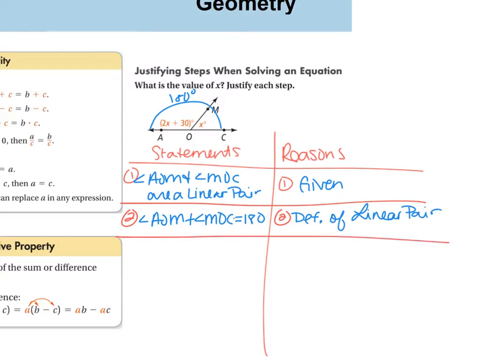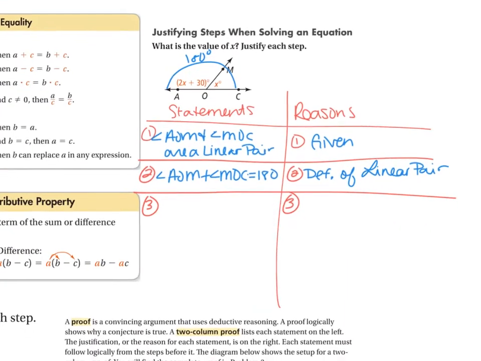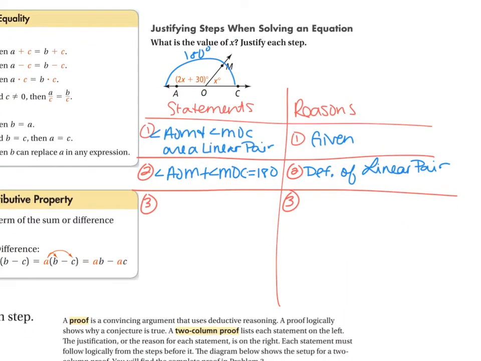All right, we're almost to the math part. Now step 3, and you do need to label each one of your steps on both sides. Step 3 is, now we're ready to set up our equation. So we're going to plug in 2x plus 30 for the AOM, and then x for the MOC.